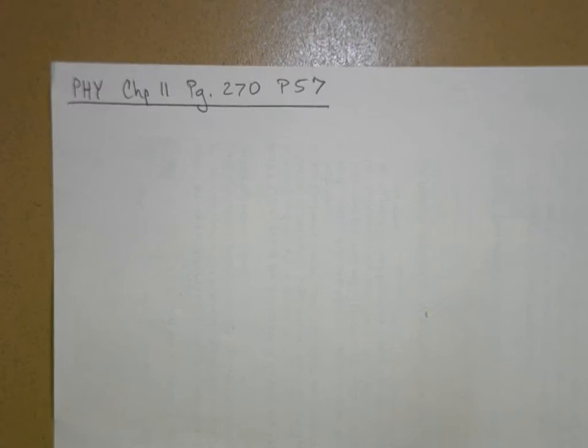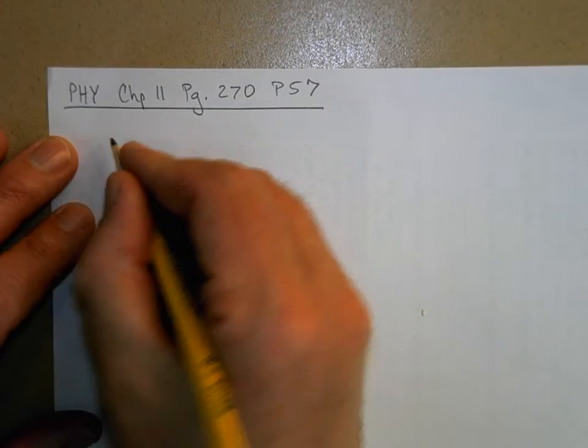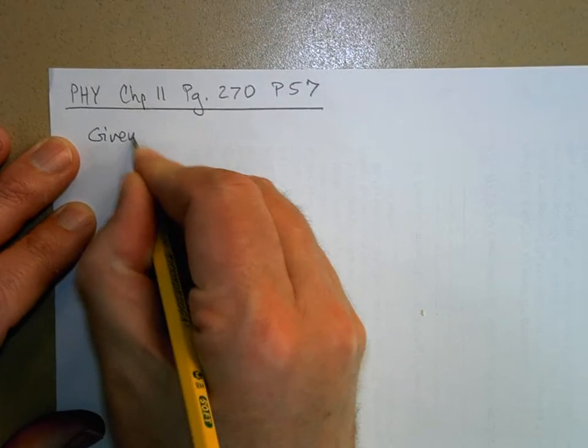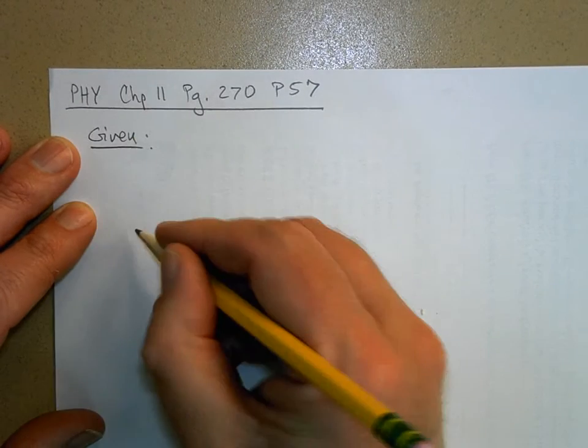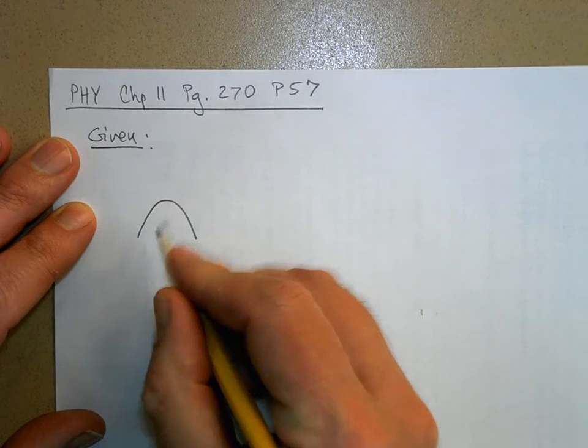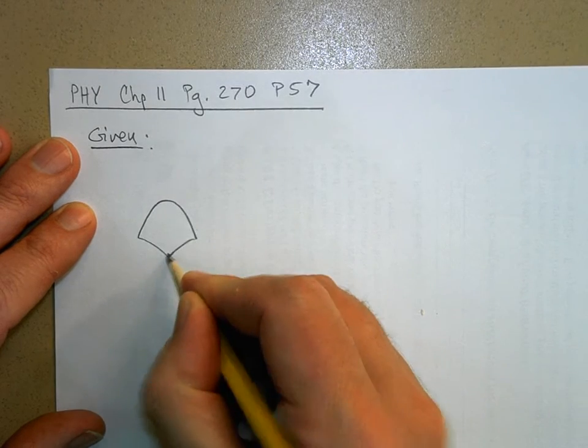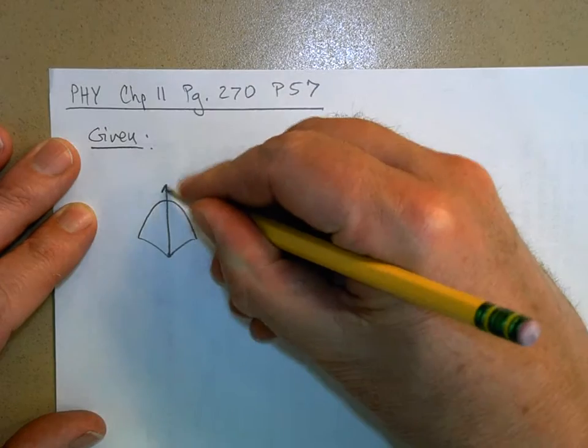Okay, so let's do the given, the find, the solve, etc. So given, you got this bow, and it's being fired straight up. So here's our arrow.